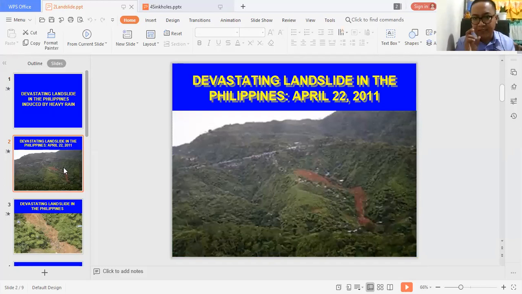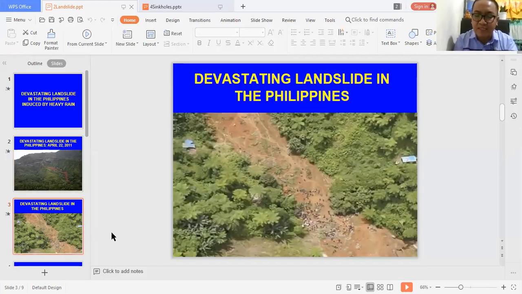No, pwede po natin itong i-capture ng picture or screenshot niyo po ito para ma-review niyo po yung mga date po na lalabas po sa screen. So devastating landslide in the Philippines. Ito pong figure na to noong April 22, 2011.